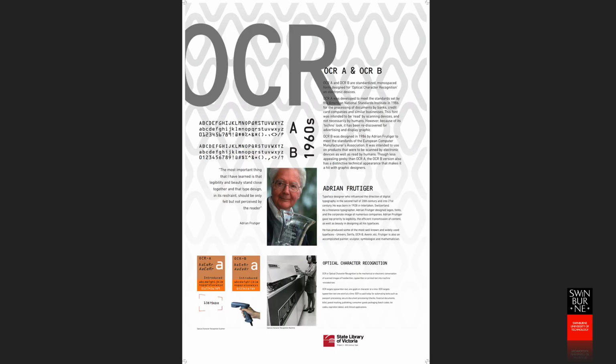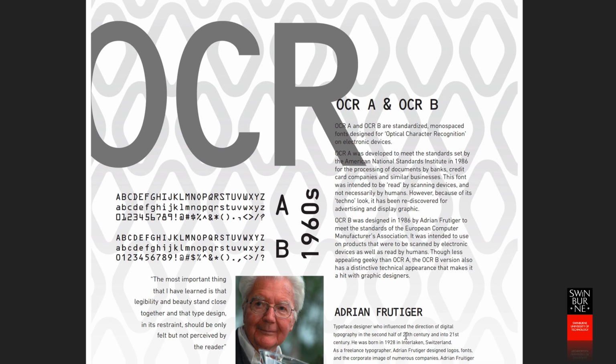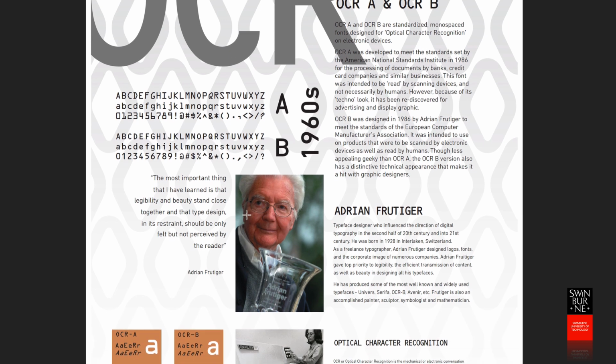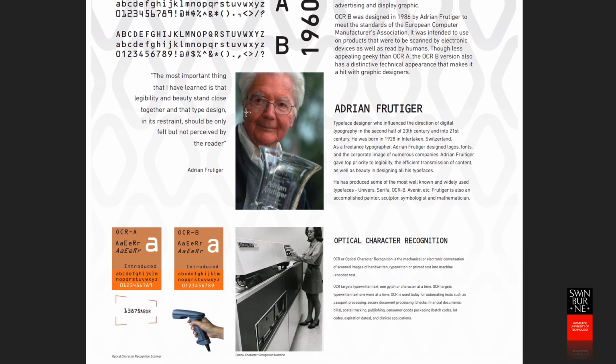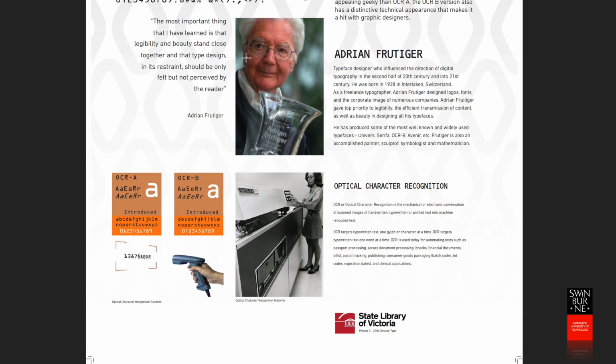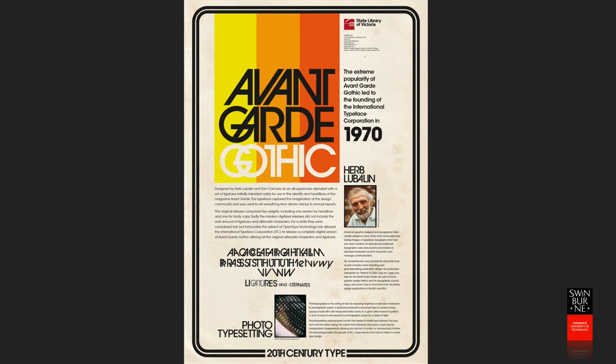Another one here for Frutiger, perhaps a little bit busy in the background, but still I think engaging, and nice use of hierarchy. Avant Garde Gothic, this featuring Herb Lubalin's Avant Garde typeface from the 70s.